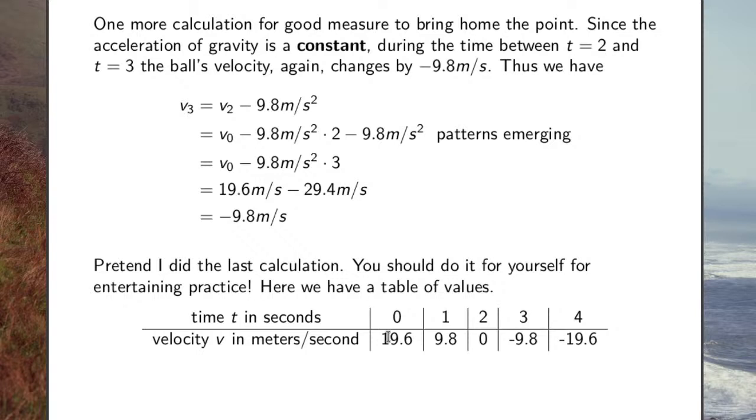It's positive 19.6, then it changes by negative 9.8 to positive 9.8, then from positive 9.8 to 0 to negative 9.8 to negative 19.6. And again, the only reason for this is because the acceleration of Earth's gravity is constant. It's always the same.